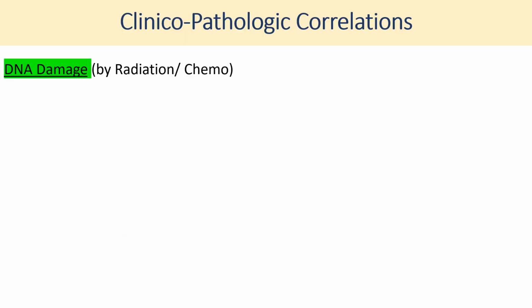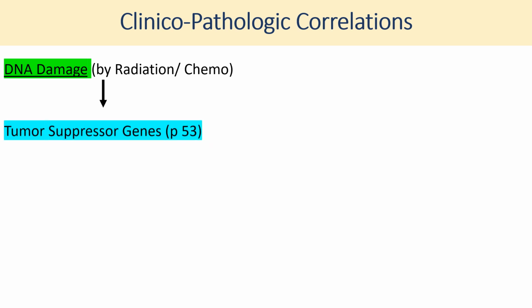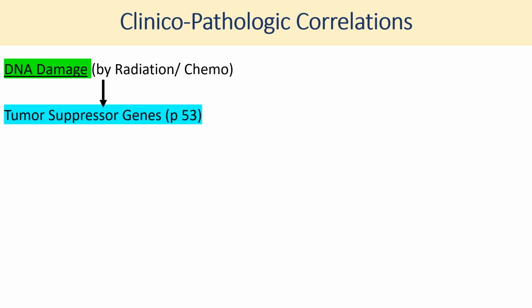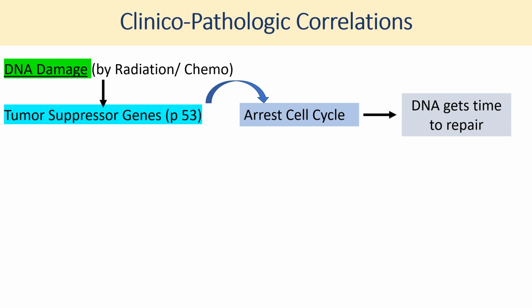Now, this is something very important for you all, clinico-pathological correlations. Whenever there is any DNA damage by radiation or chemo, tumor suppressor gene P53 comes into action. How? This tumor suppressor gene will arrest the cell cycle and give time for the DNA to get repaired. But what happens if the DNA damage is beyond repair?